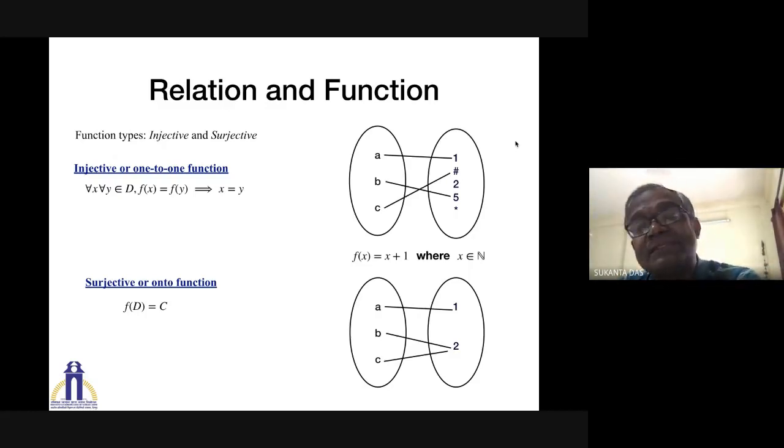Here say the domain is A, B, C, but the codomain is say only 1 and 2. These two elements are there. Then the function I have defined here is a surjective function. Note that this function is not injective, because for f(B) as well as f(C), they are the same, both are 2.